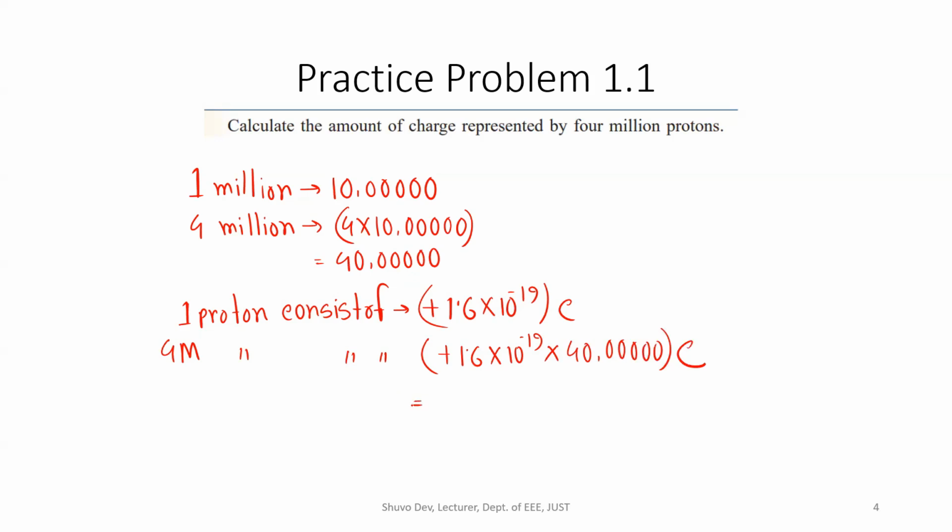So the total charge, using a calculator, you can find 6.4 into 10 to the power minus 13 coulomb. This is the charge of 4 million protons. This is also a very simple problem. Hope you all understand. Now go to the next problem.